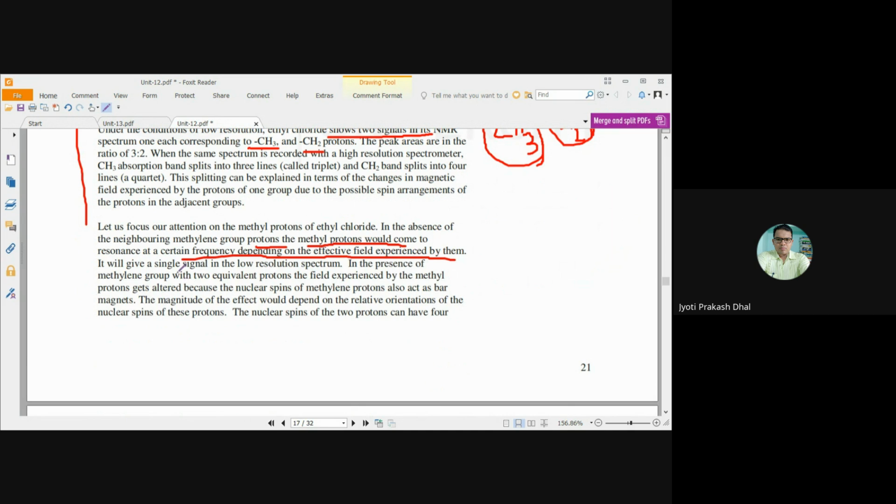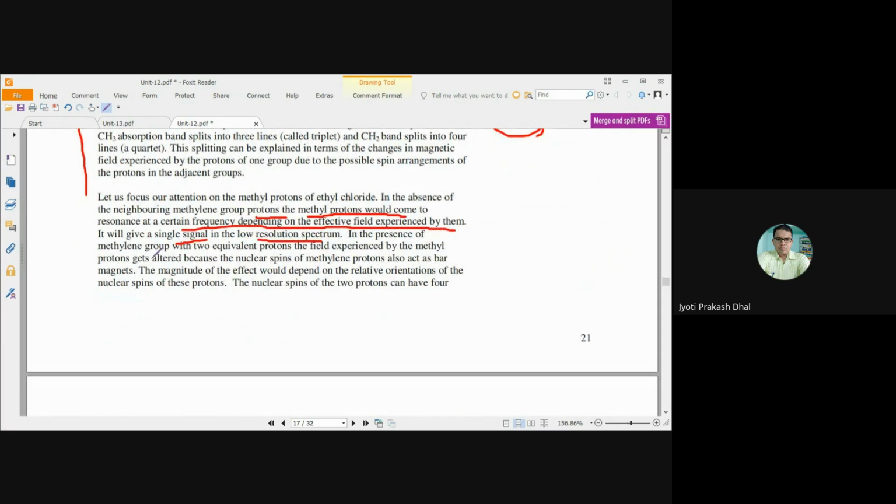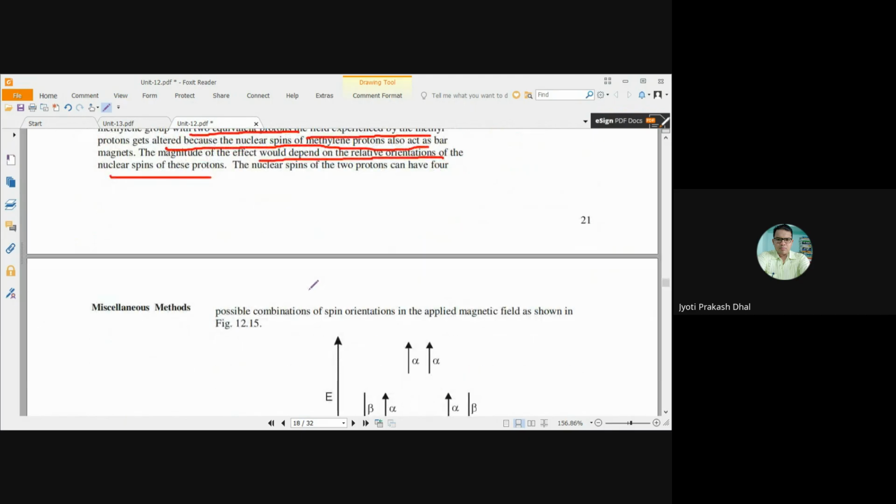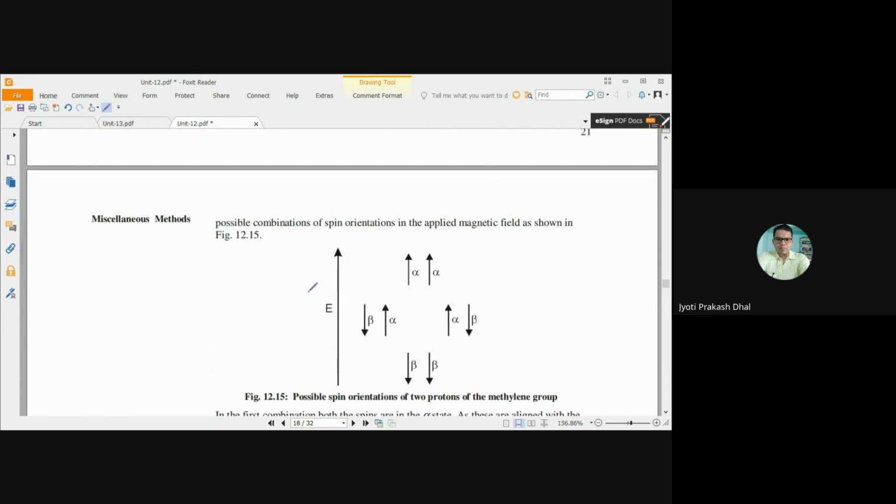It will give a single signal in the low resolution spectrum. But in the presence of the methylene group with two equivalent protons, the field experienced by the methyl protons gets altered, because the nuclear spin of the methylene protons also acts as a bar magnet, and the magnitude of the effect would depend upon the relative orientations of the nuclear spins of these two protons. Hence the nuclear spins of the two protons can have four possible combinations.